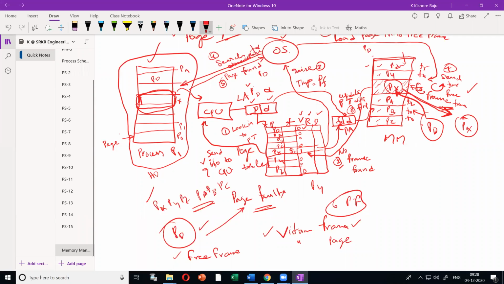PX is the victim page, PD is the demanded page. That demanded page will be loaded into the newly formed free frame, the victim frame.